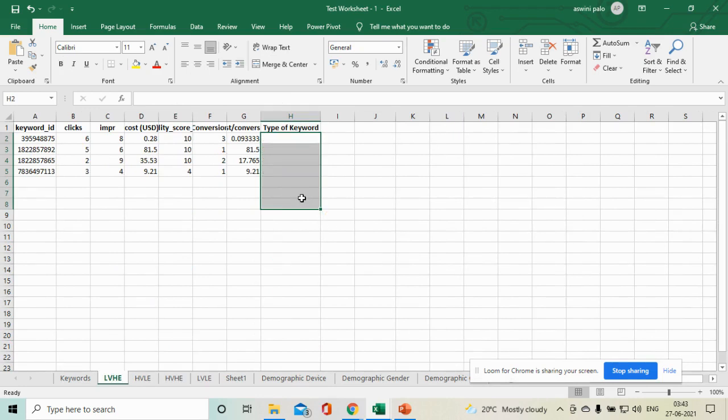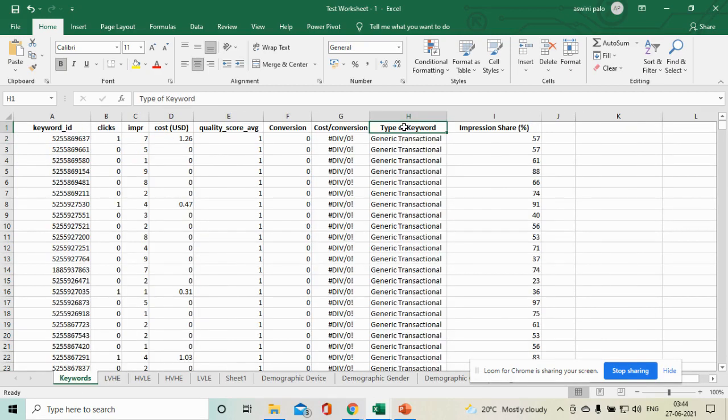For that, we need to implement something like VLOOKUP. What is the meaning of LVHE? Low volume, high efficiency. These are the keywords which have high efficiency, but the volume is low. So here our objective is to identify these keywords.